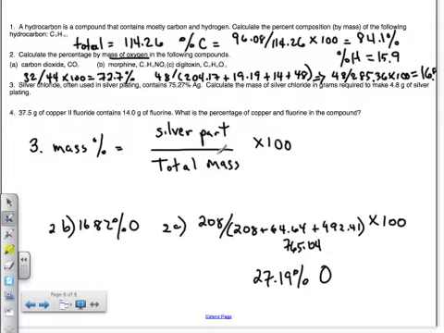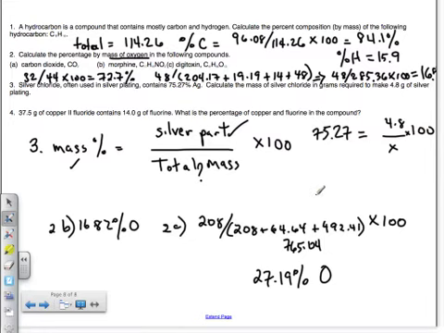So at least you've got a formula written down. And now you can go back and plug in the numbers you're given. Well, you're given the mass percentage. It says calculate the mass of the silver chloride in grams required to make 4.8 grams of silver. So the silver part you have, it's 4.8, and this is the part you don't know. So I have 75.27 equals 4.8 over x times 100.